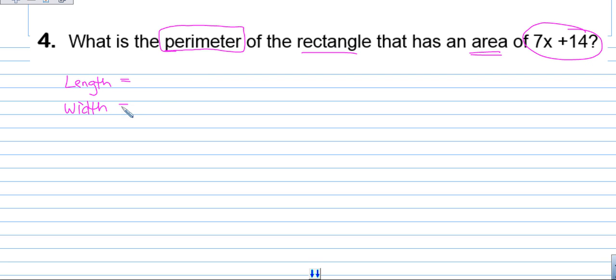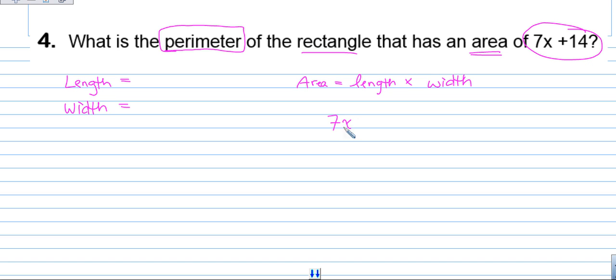Okay? Well, in order to find the length and the width, they give us the area. Just like in the previous question, area, remember, equals the length times the width. Okay? So we need the two things that multiplied together to get us the area. So let's do that first.